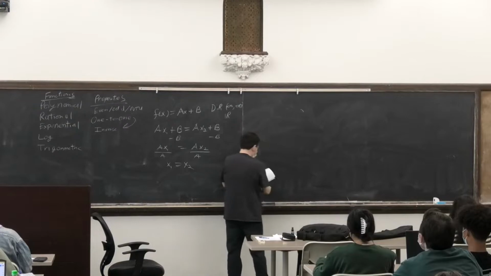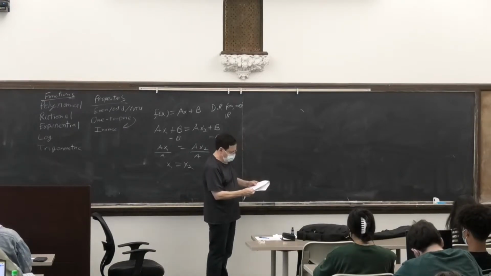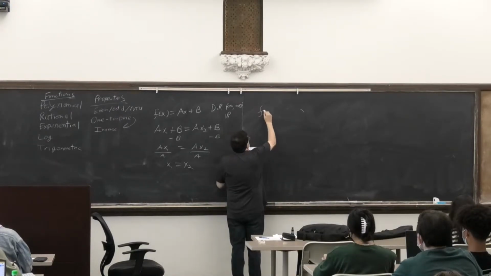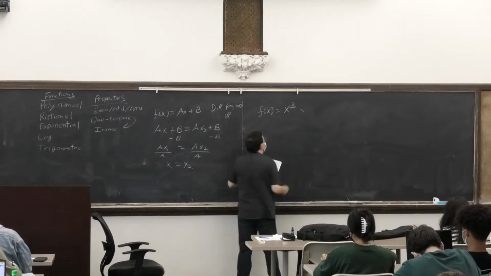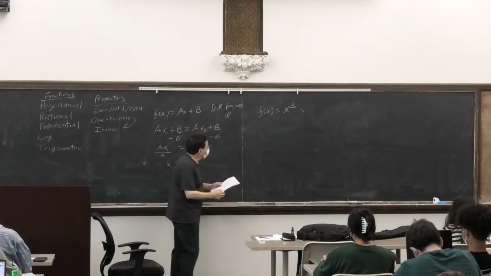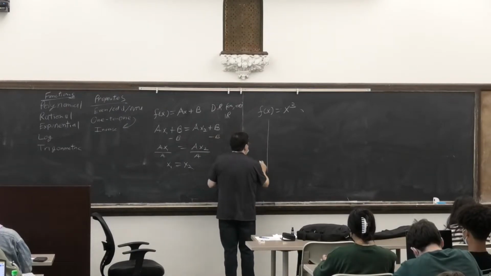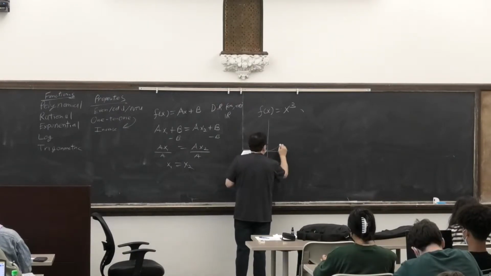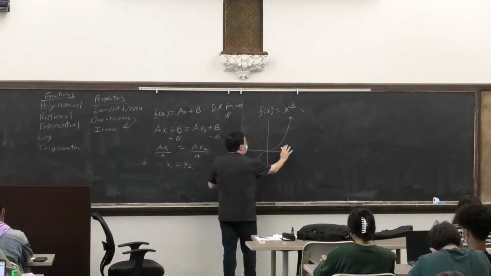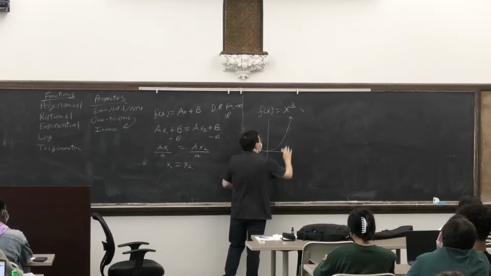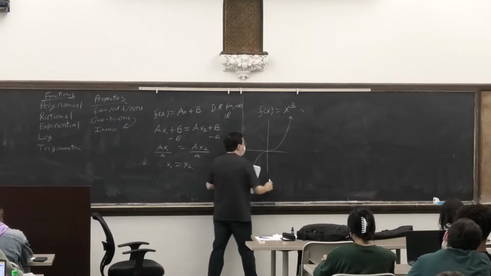Another well-known function you should be aware of, that's one-to-one, is f of x equals x cubed. At least have a passing notion of what this looks like. As x gets very large, f of x gets large even faster.